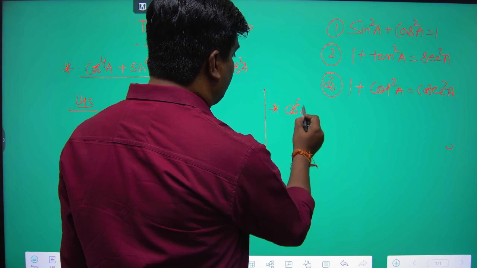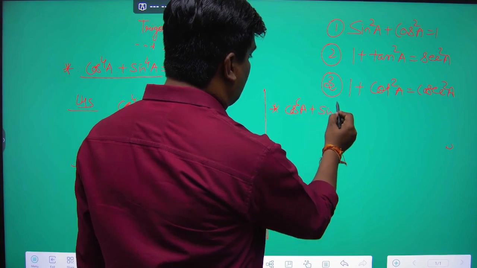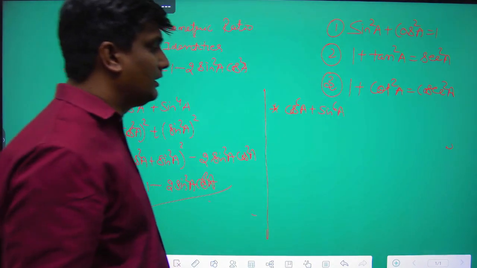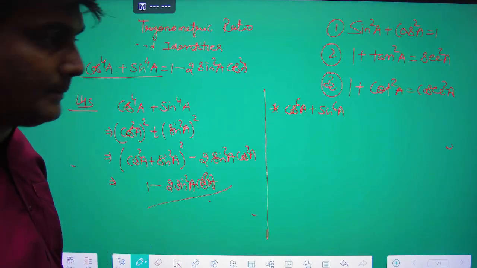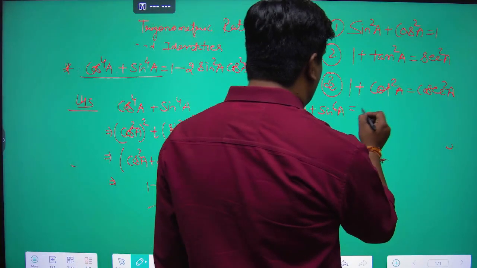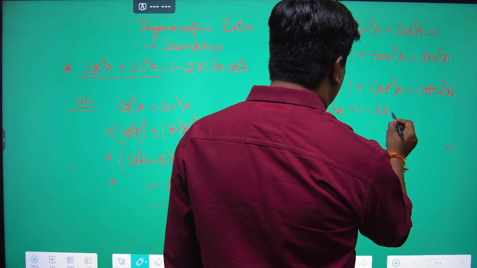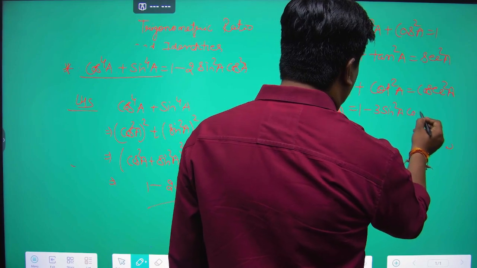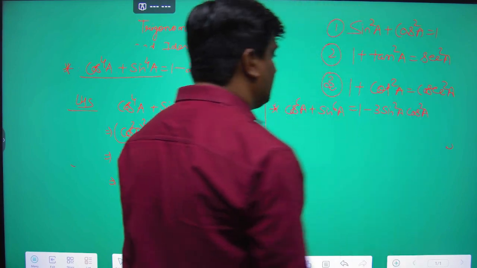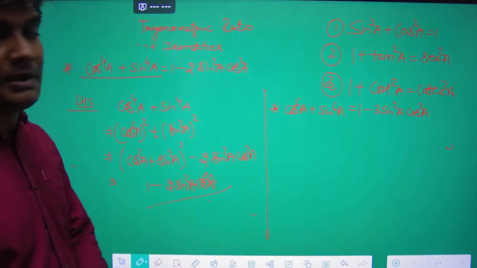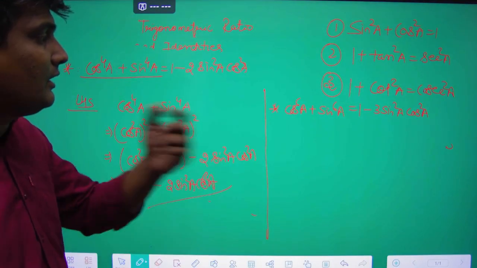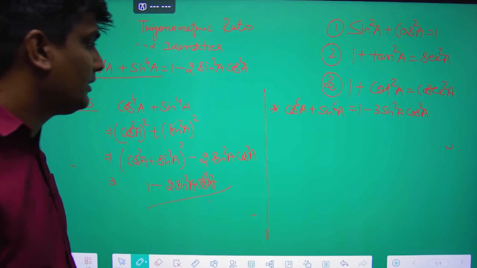The next question is cos to the power 6a plus sine to the power 6a is equal to 1 minus 3 sine square a cos square a.